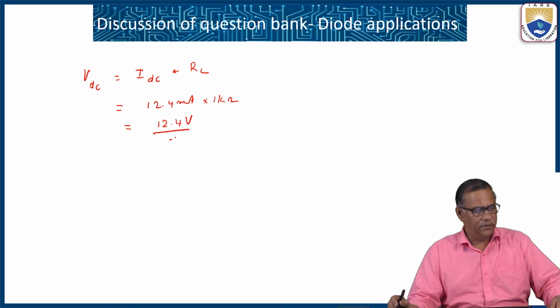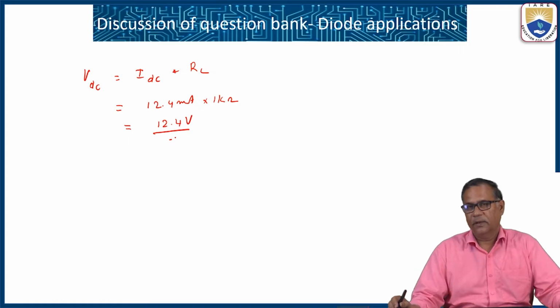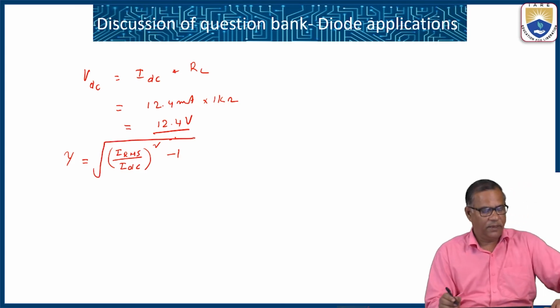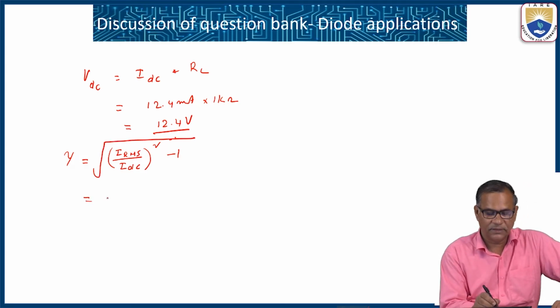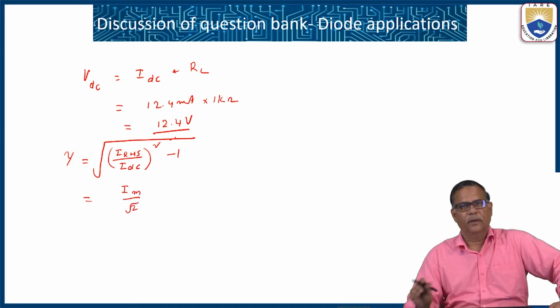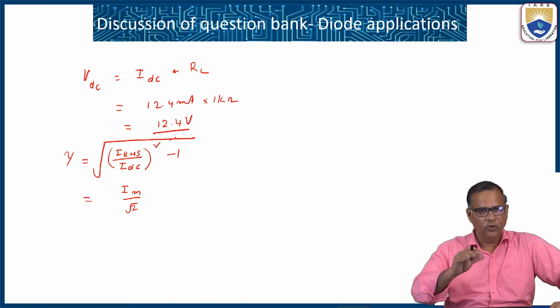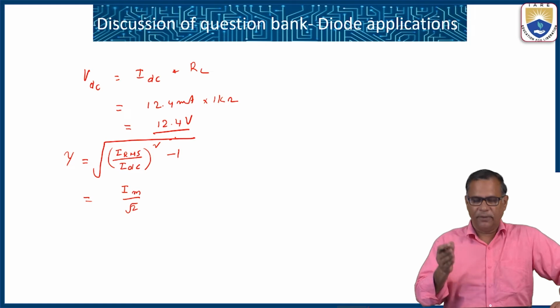Next, we are supposed to calculate the ripple factor. So the ripple factor we calculate in this way. Ripple factor is equal to the square root of (IRMS divided by IDC) whole square minus 1. And what is IRMS? IRMS is equal to Im by root 2 for a full wave rectifier. For a half wave rectifier it is Im by 2. For a full wave rectifier it is Im by root 2.